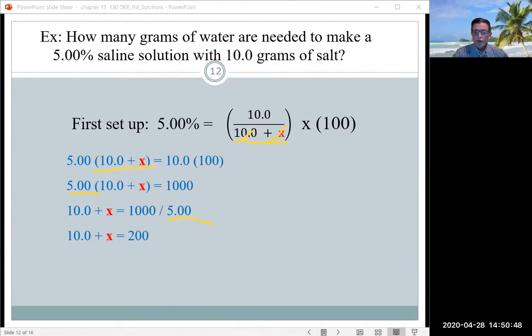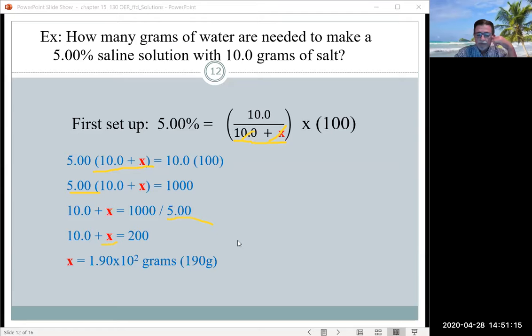We want to solve for x, and so we can subtract 10 from both sides of the equation, leaving us with 190 grams. They put it in scientific notation because of the sig figs. So what this tells you here is that you need 190 grams of water plus 10 grams of salt to make a 5% solution.